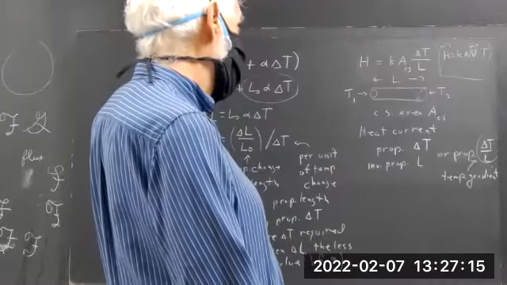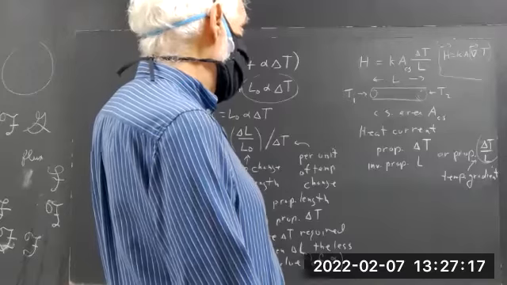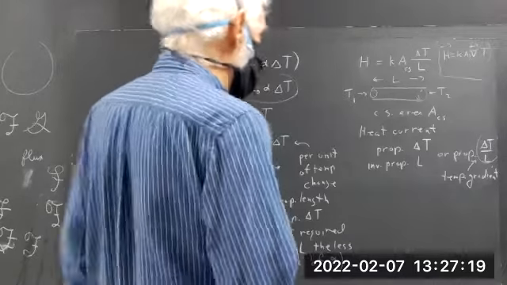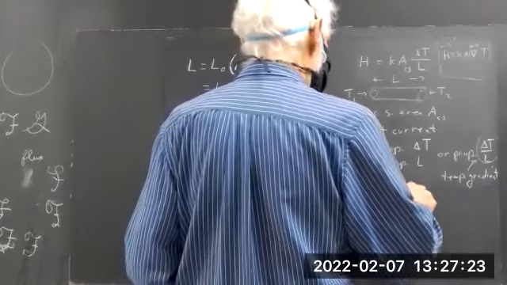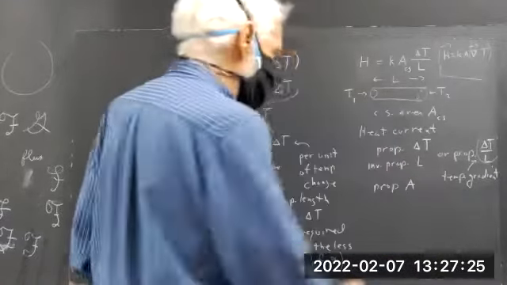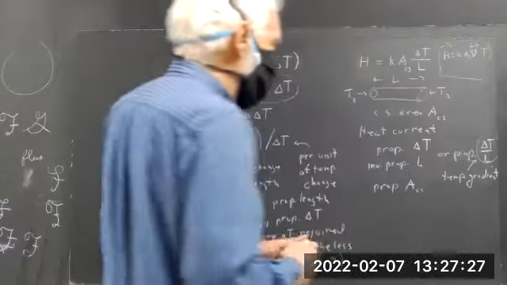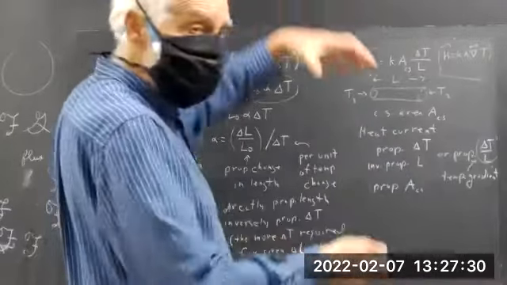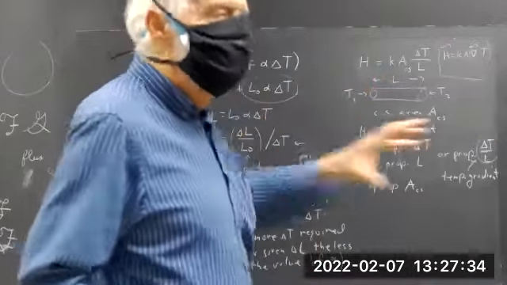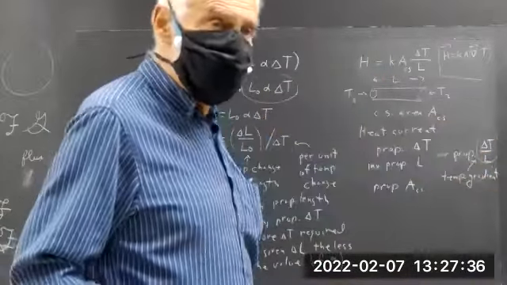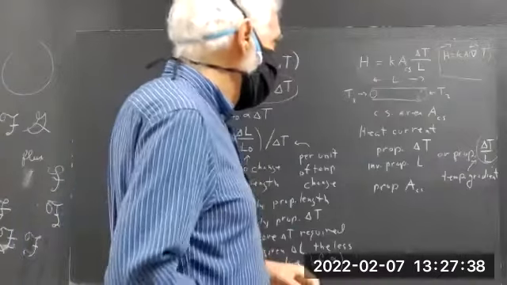Well, heat flow is proportional to A because, of course, the thicker this bar, the more area you have for the heat to flow through. Now I could go into a little more detail.